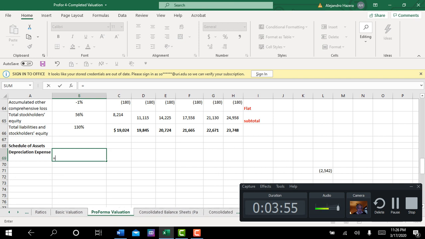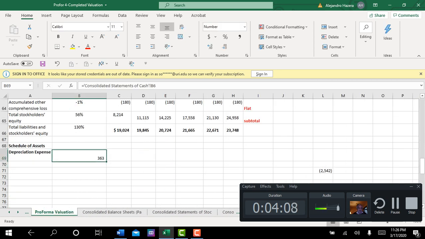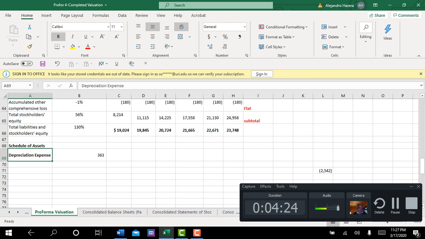So we come out here to the statement of cash flows, and it's way out here. Our depreciation expense is $363. That was my depreciation expense for my base year of 2019. I'm not going to mark that, I'm just going to let you remember that. So my depreciation expense for 2019 was $363.